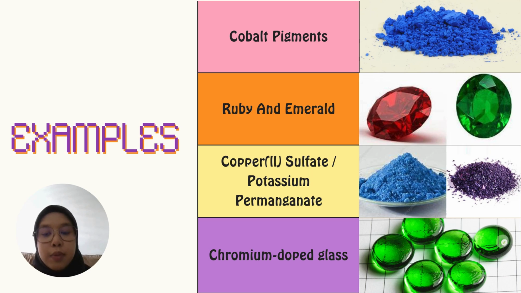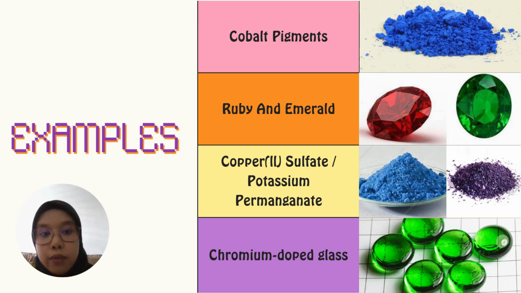Other than that, for qualitative analysis, which is in experiments, I take two examples, which are copper sulfate and potassium permanganate. Copper sulfate appears blue in aqueous solution. This characteristic blue color is used to identify the presence of copper ions in laboratory analysis. While potassium permanganate, which is deep purple, is useful as a self-indicator in titrations and for identifying oxidizing agents.